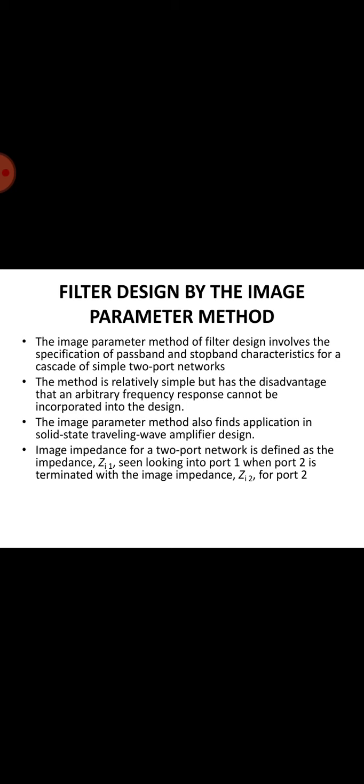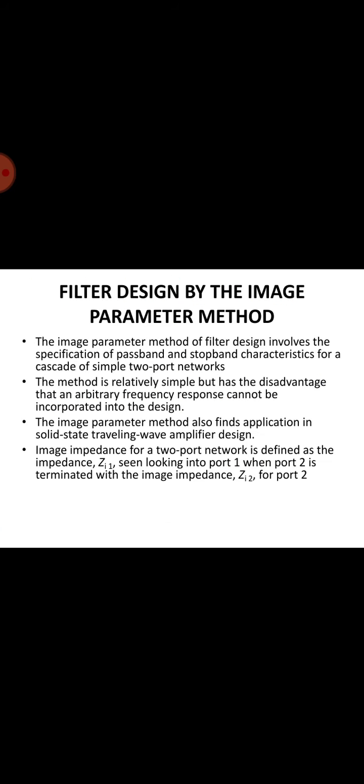This is in contrast to the insertion loss method, which is the subject of a later discussion. Nevertheless, the image parameter method is useful for simple filters, and it provides a link between infinite periodic structures and practical filter design. The image parameter method also finds application in solid-state traveling wave amplifier design.